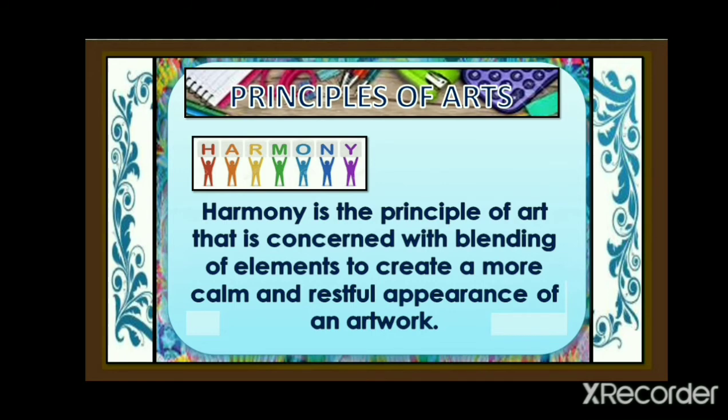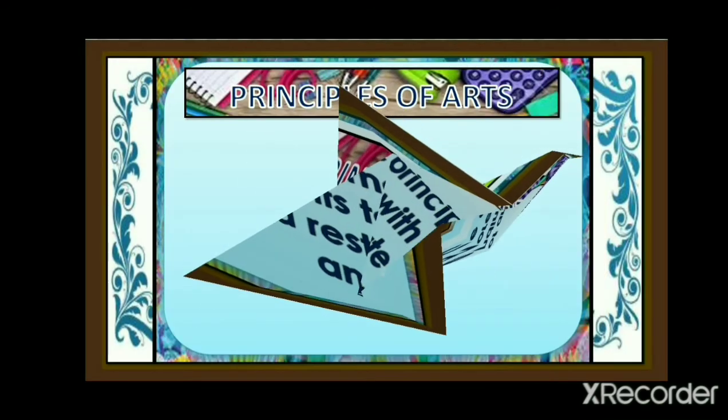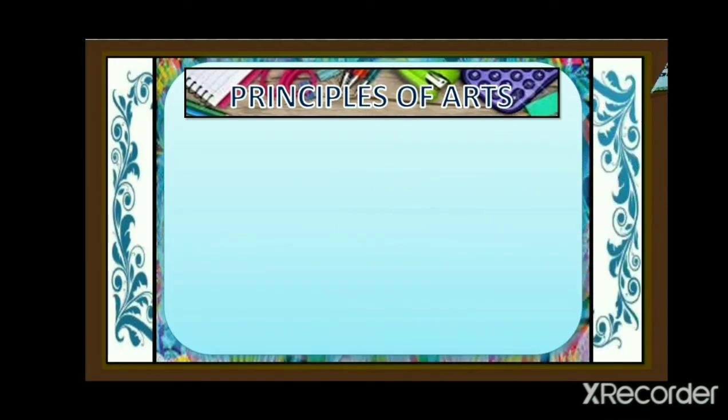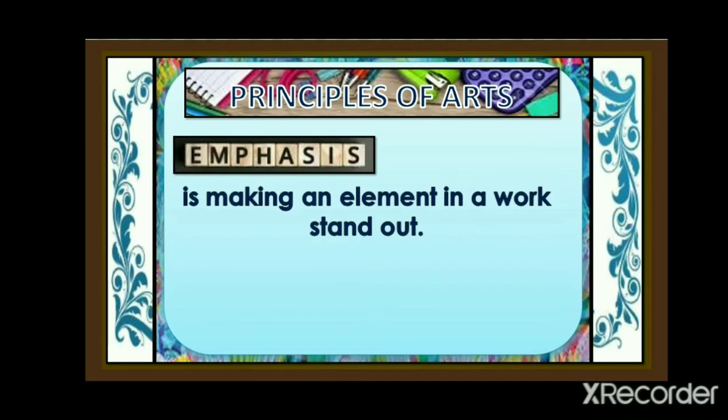Next is harmony, the principle of art that is concerned with blending elements to create a more calm and restful appearance of an artwork. Next is emphasis. Emphasis makes an element in a work stand out by contrast or by extreme changes in an element.